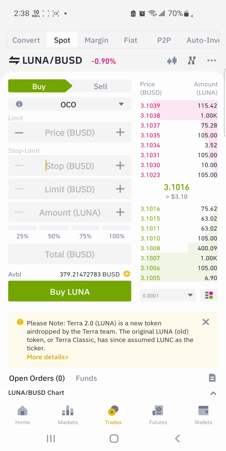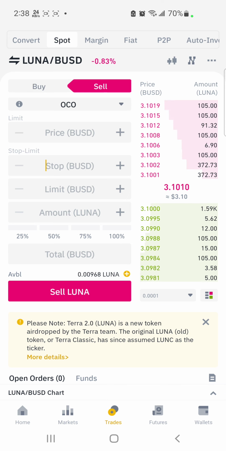Why is this important? It is important because there are times when you do not want to sell, because for whatever reason you think the price is gonna go back up, right? So you don't want to sell, and you're saying, okay, then why not set a stop limit order? Why not do a limit order?